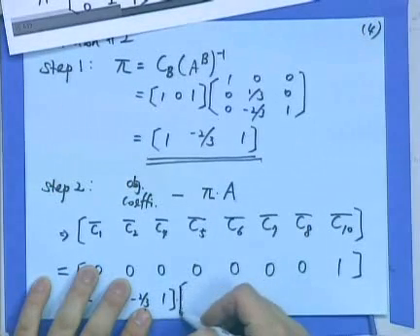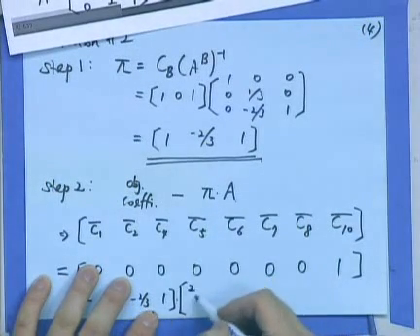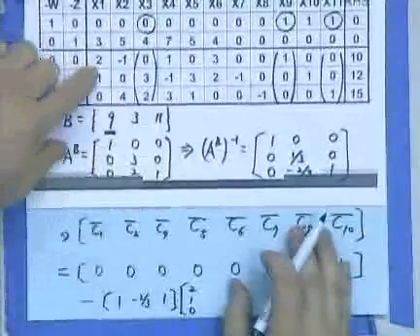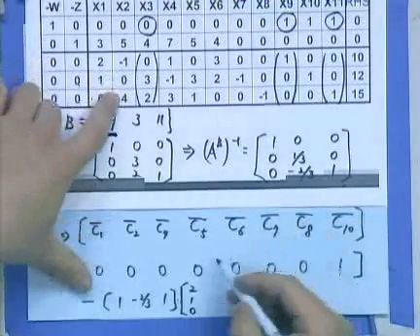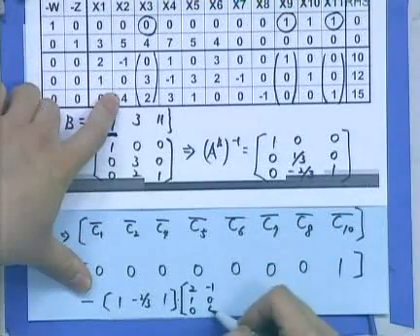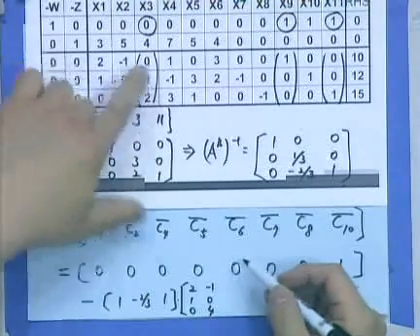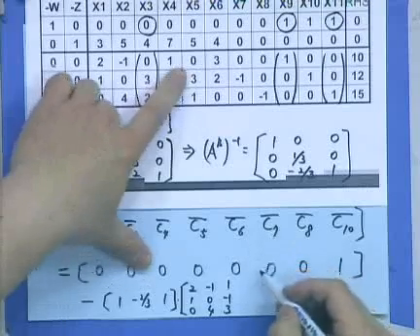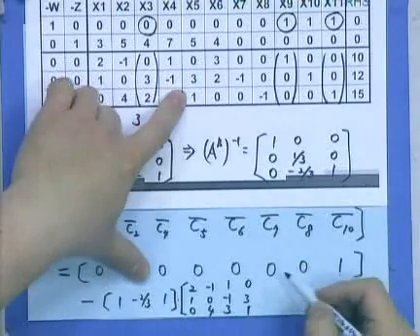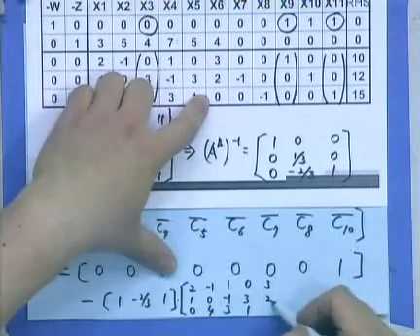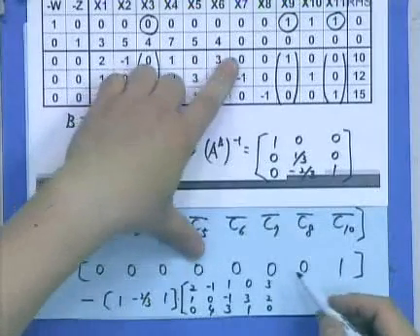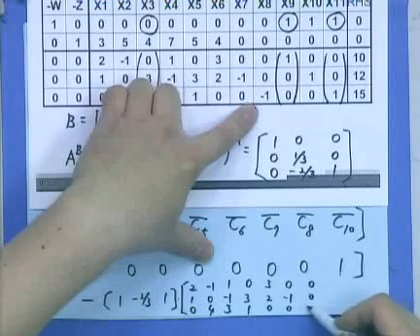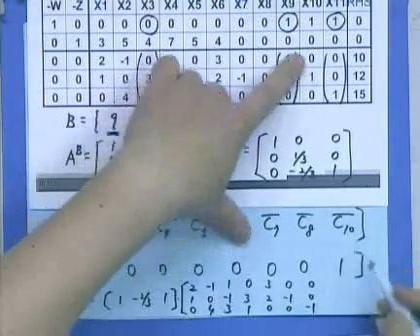So it must be 2, 1, 0 and negative 1, 0, 4 and 1, negative 1, 3, 0, 3, 1 and 3, 2, 0, 0, negative 1, 0, 0, 0, negative 1 and 0, 1, 0.